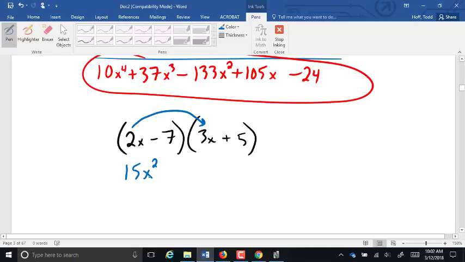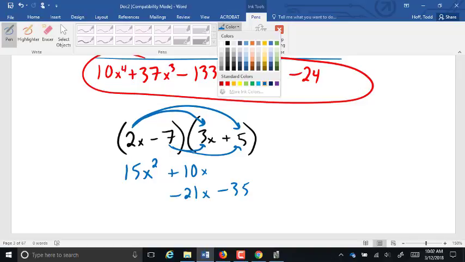It's 15x squared. 2x times the 5 is 10x. We have negative 7 times 3x is negative 21x, and negative 7 times 5 is negative 35.